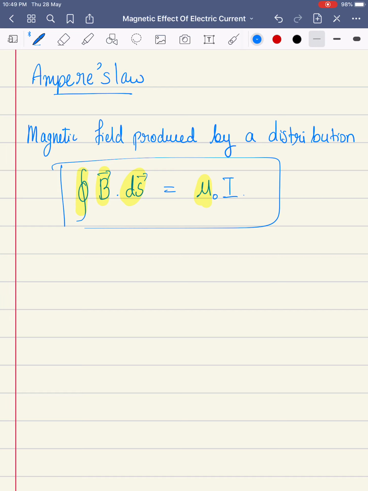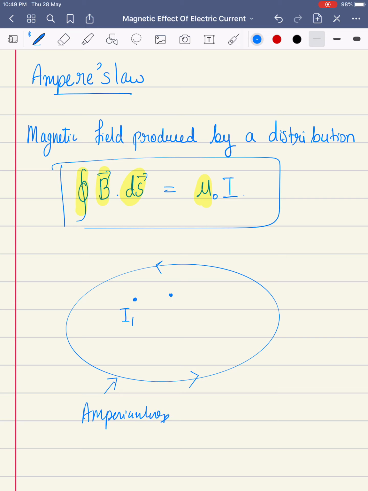Suppose we have current carrying wires, with the current in this direction, and let us say this is our Amperian loop. The currents are I1, I2, and so on. A circle with a cross means the current is moving into the plane of paper, and a circle with a dot means it is moving out of the plane of paper.